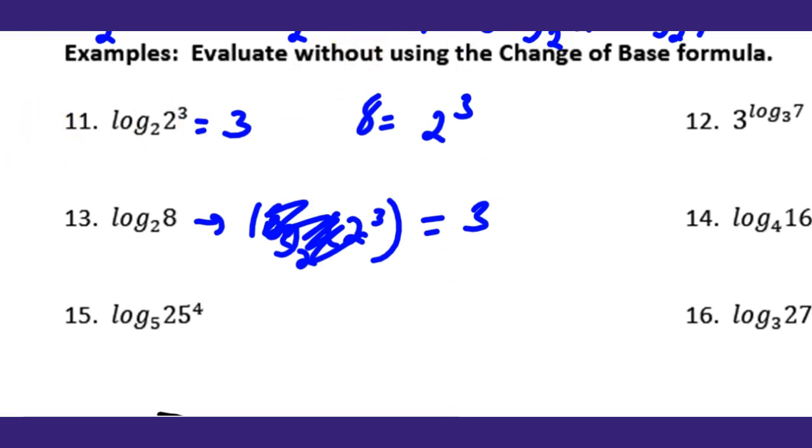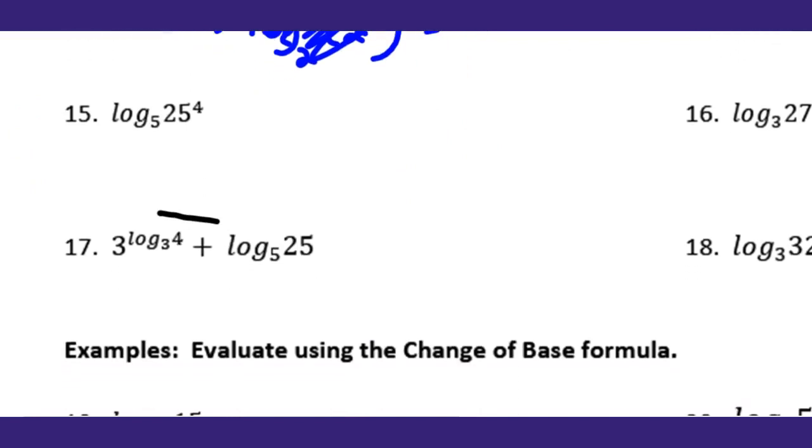Now, going down here to number 25. Number 25, log base 5, 25 to the 4th. Well, ask yourself, can I rewrite this 25 to have the same base? I can. 25 is equal to 5 squared.